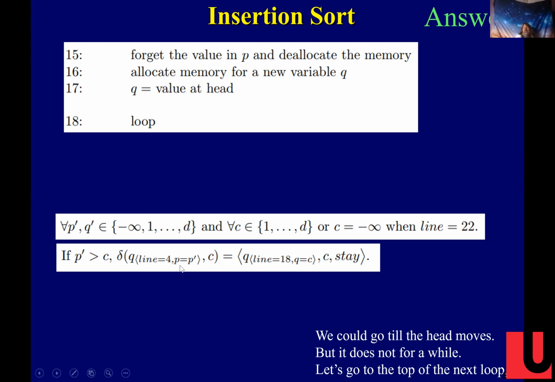Yeah. I would need D squared states, right? There would be D choices for P and D choices for Q. So the number of states would be order D squared.